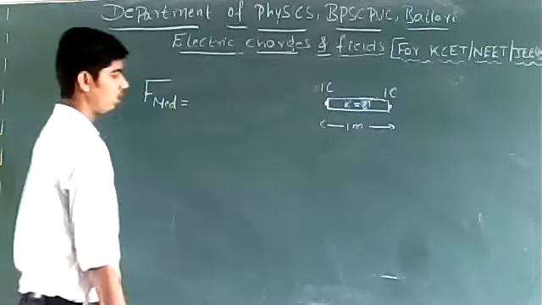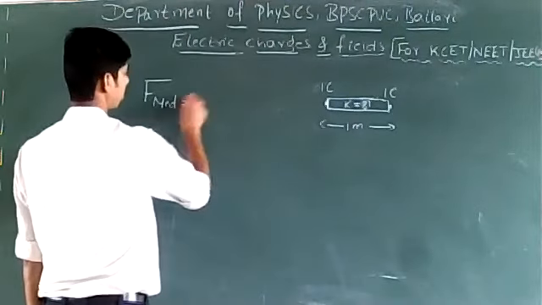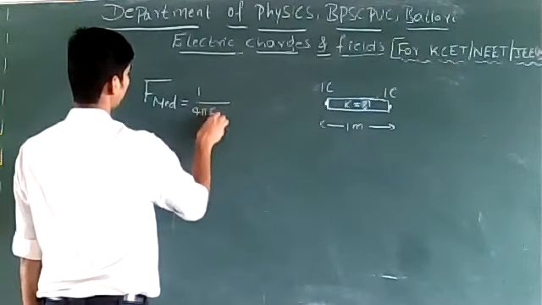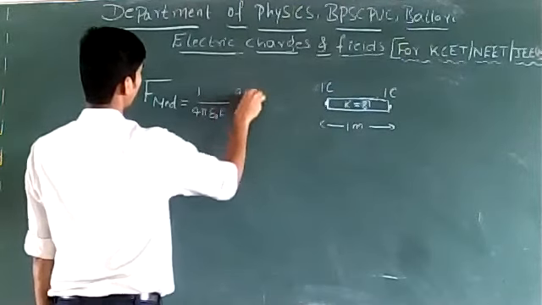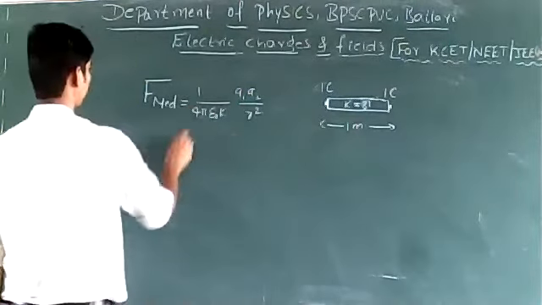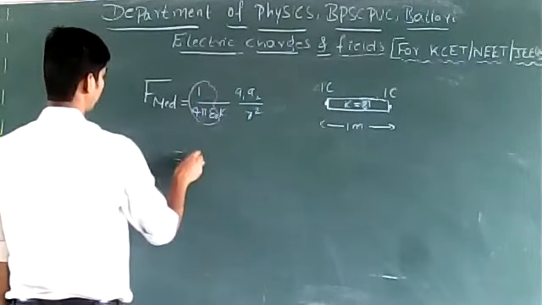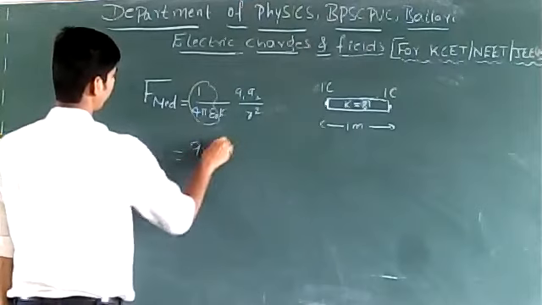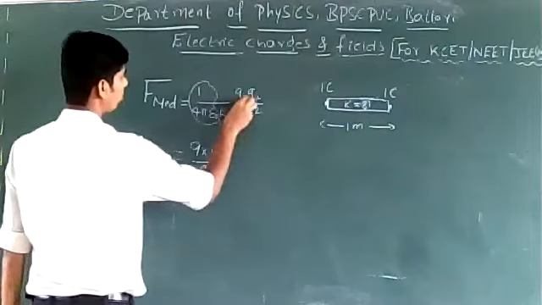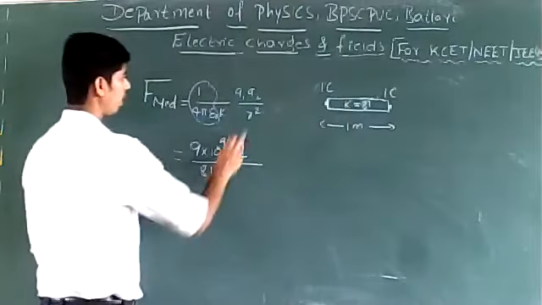Force in presence of medium is 1 by 4 pi epsilon naught times q1 q2 divided by k r square. We know 1 by 4 pi epsilon naught is 9 into 10 to the power of 9, divided by k, which is 81, into q1 into q2, 1 into 1, divided by r square.